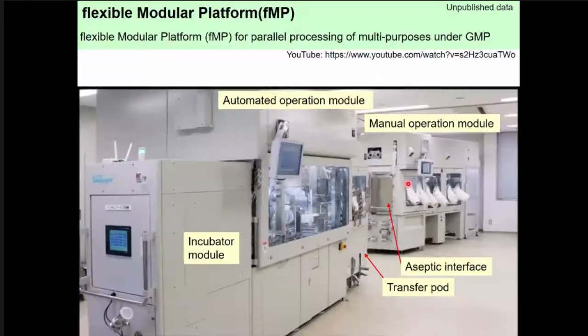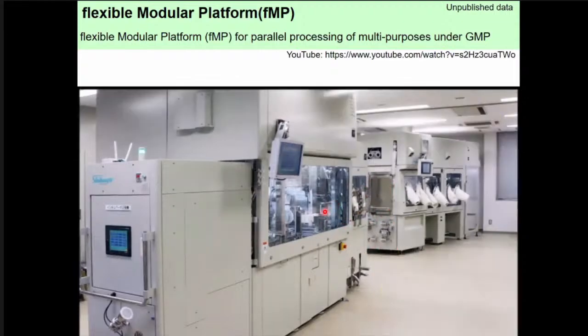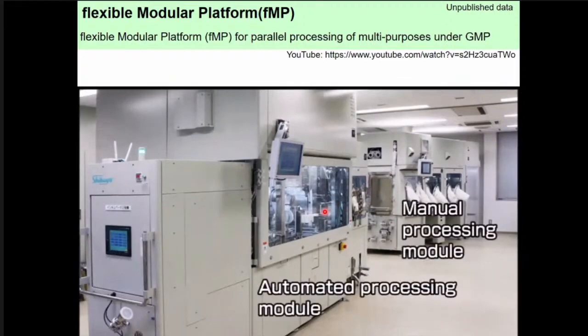So that's our laboratory system, collaborated with a company. We prepare the automation system here, incubator modules, and the manual operation area for the entrance of the materials. Between manual operation and automation, we prepare a transfer port, and we prepare the interface for each module. That's a video image of the manufacturing operation.